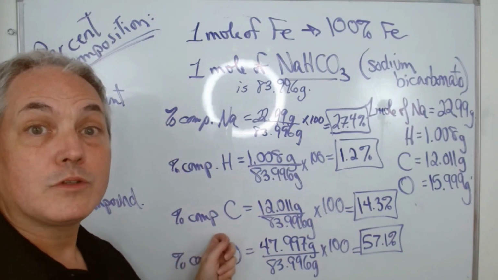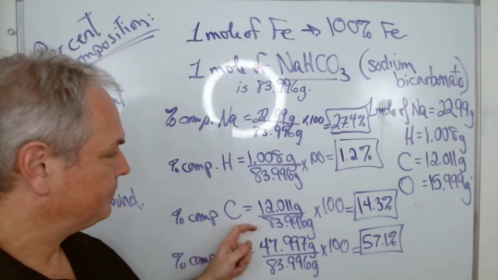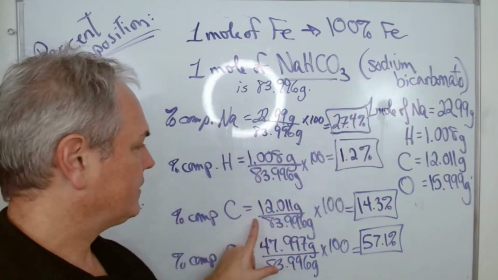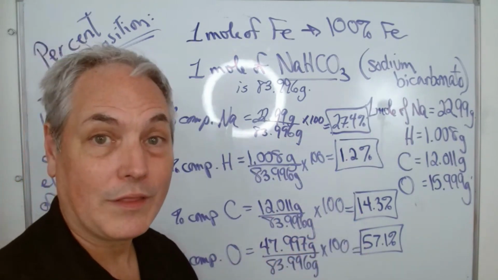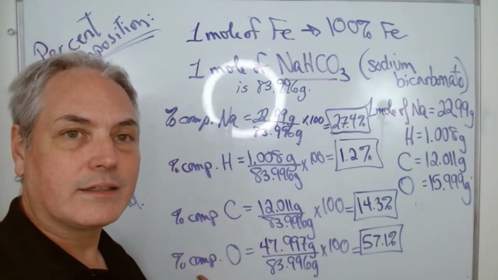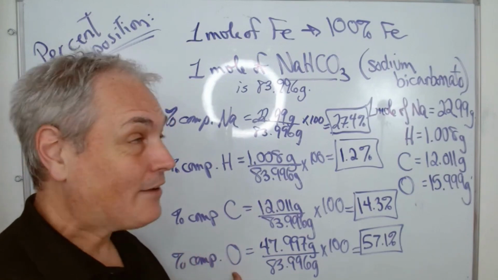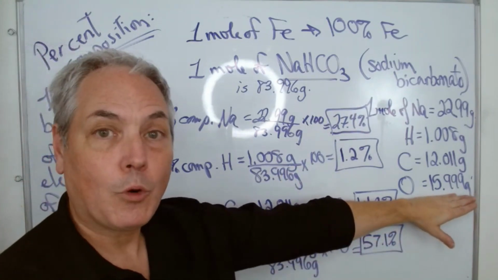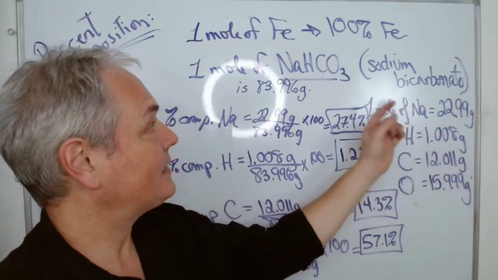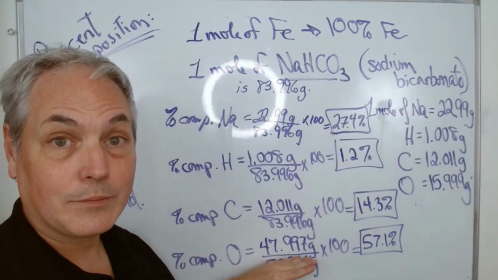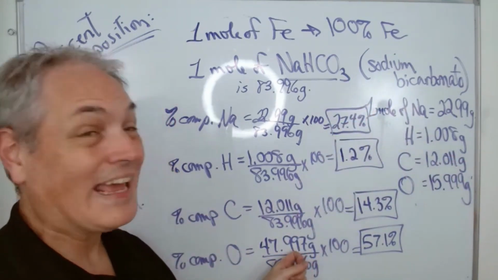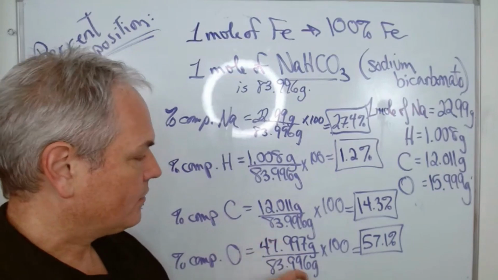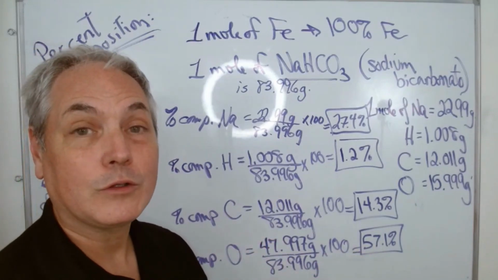For carbon, I have the molar mass of carbon over the molar mass of sodium bicarbonate, times 100, which gives me 14.3%. For the percent composition of oxygen, I have to keep in mind that I have 3 atoms of oxygen, so I need to multiply the molar mass of oxygen by 3, which gives me 47.997 grams, and then I divide by the molar mass of sodium bicarbonate. Multiplying by 100, I end up with 57.1%.